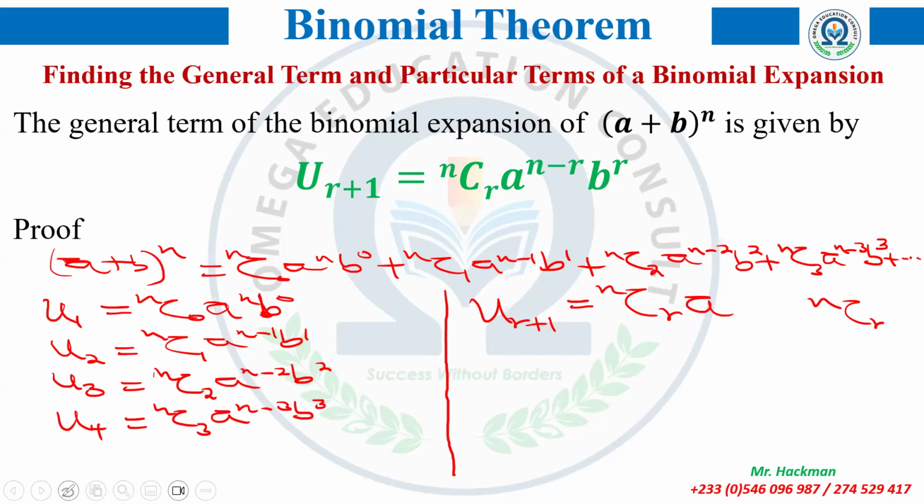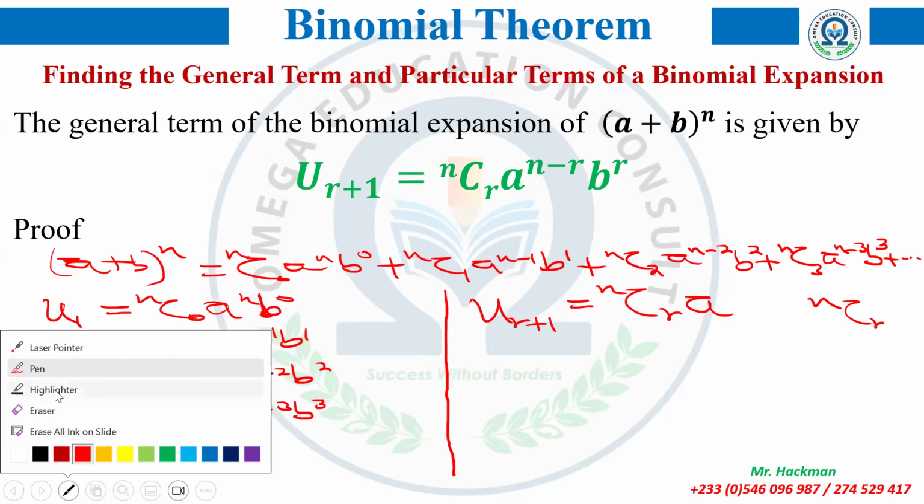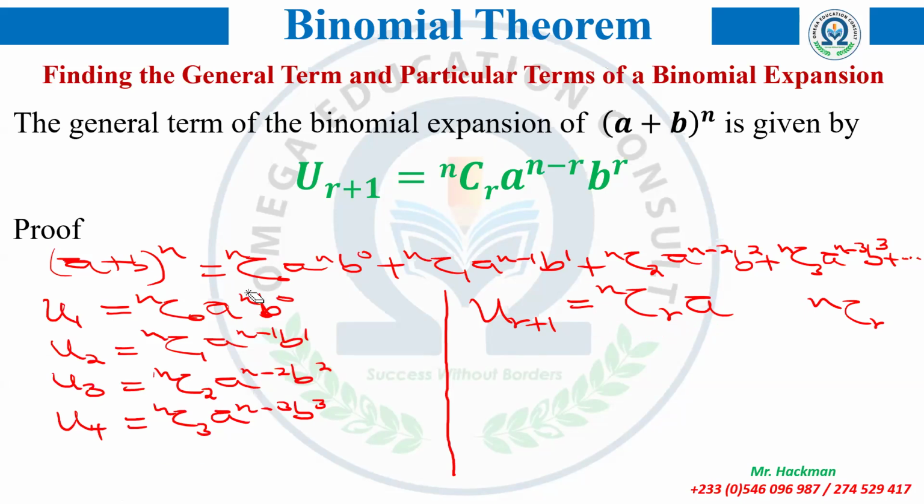Let me quickly do this just to drum home a particular point. I'm going to write this as n minus 0, which will give us n, but usually we don't write it. So if your R is 0, it is n minus 0. If your R is 1, it will be n minus 1.